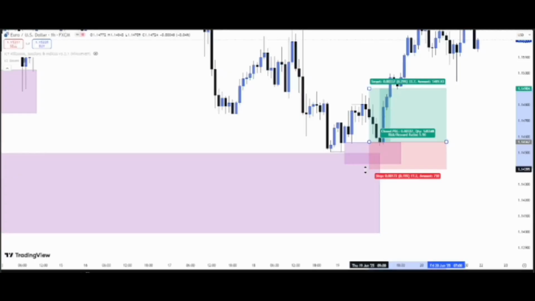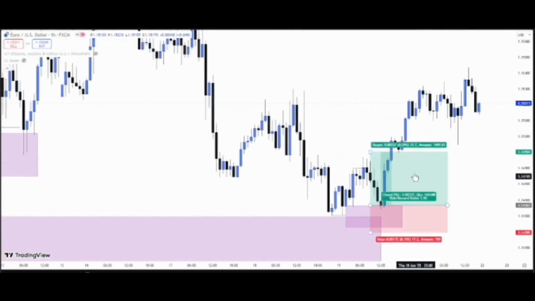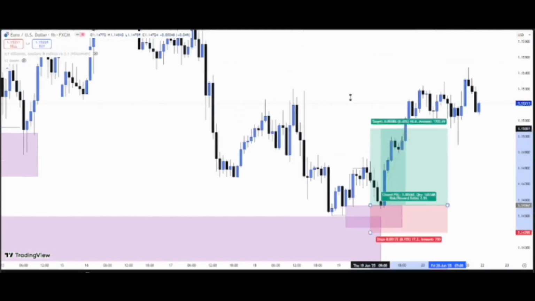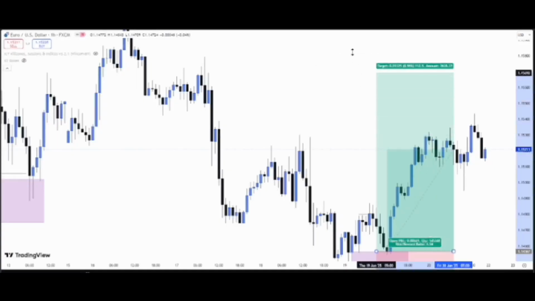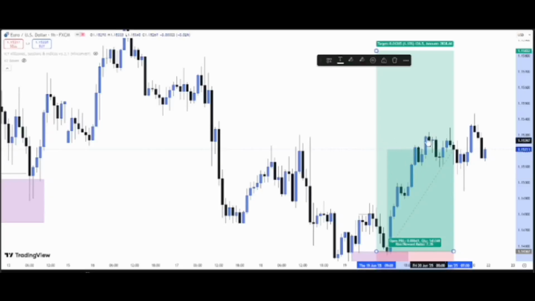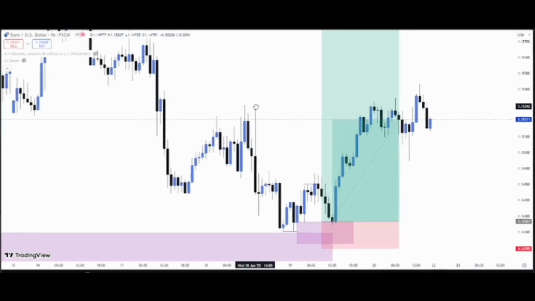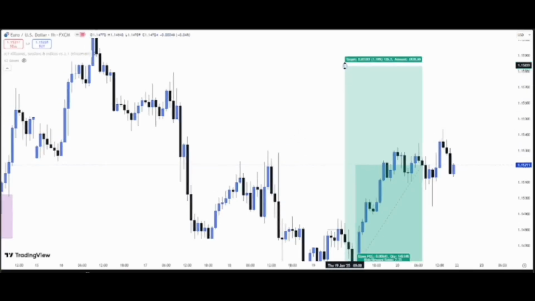It's advisable for you to place your pending order and wait for price to come and tap into your pending order and take you higher. Your first target, your first TP, will be this high here, and then your next point will be this. So you can begin to trail your stops after price has closed above. I want you to understand that very, very well.